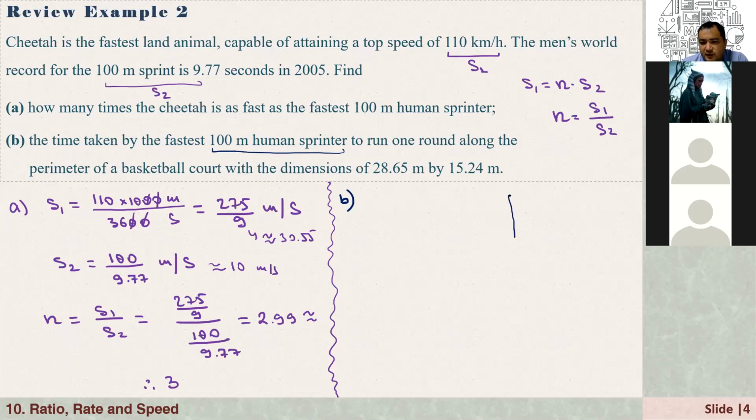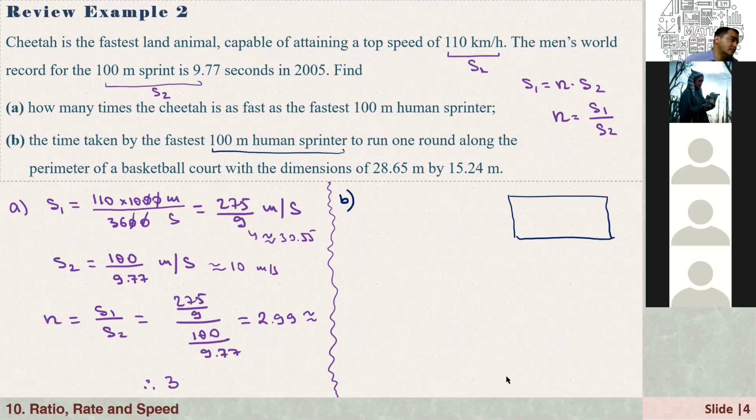Suppose we are talking about a basketball court, which we know is rectangular. The length is 28.65 meters. Width is 15.24 meters, right?